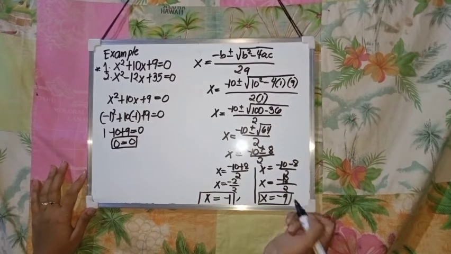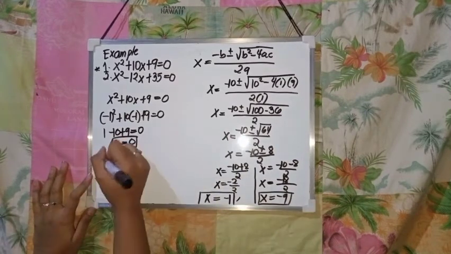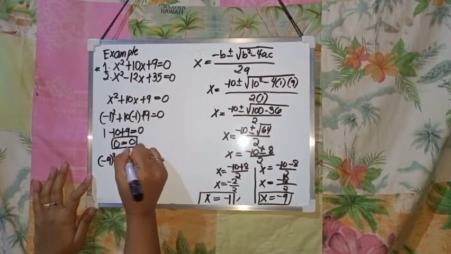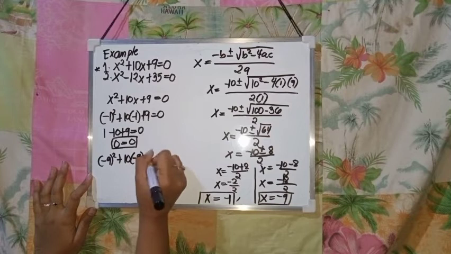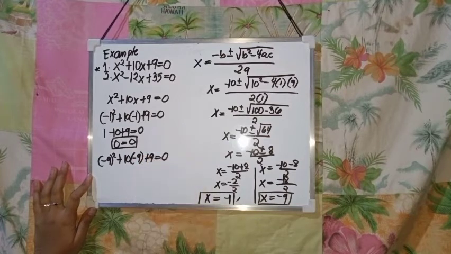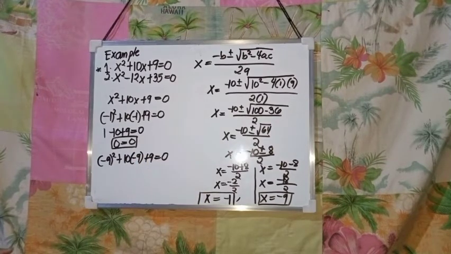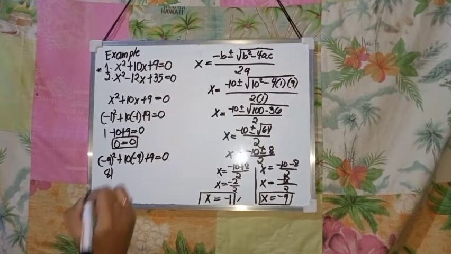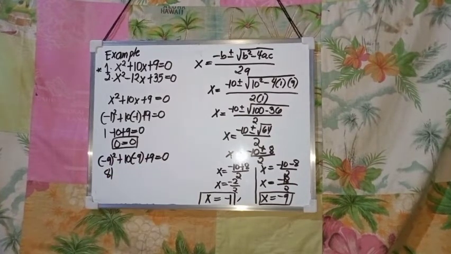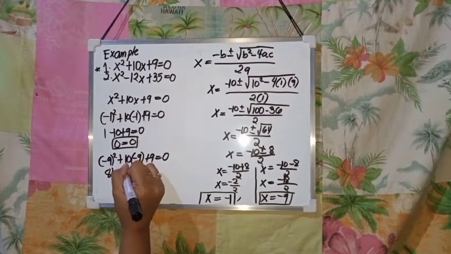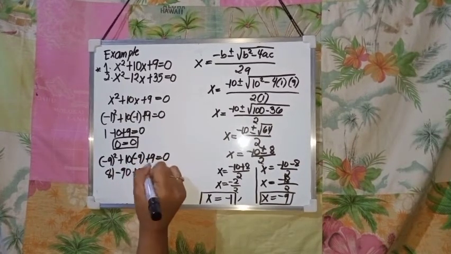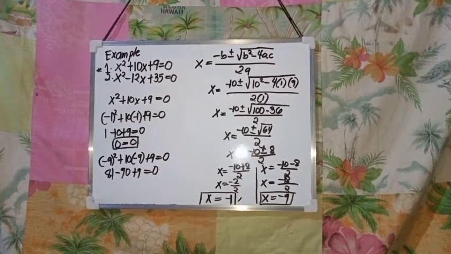Next, we will use negative 9 as the value of x. So negative 9 squared plus 10 times negative 9 plus 9 is equal to 0. Negative 9 squared is equal to positive 81, 10 times negative 9 is negative 90, plus 9 is equal to 0.